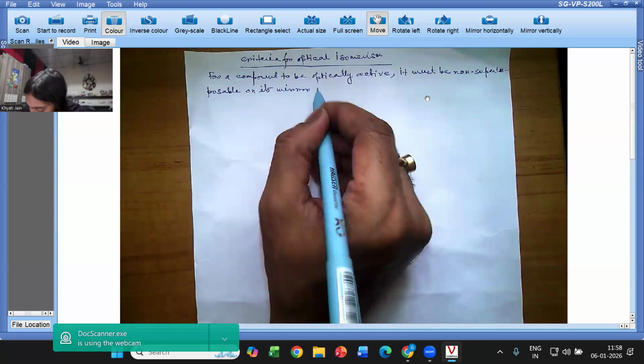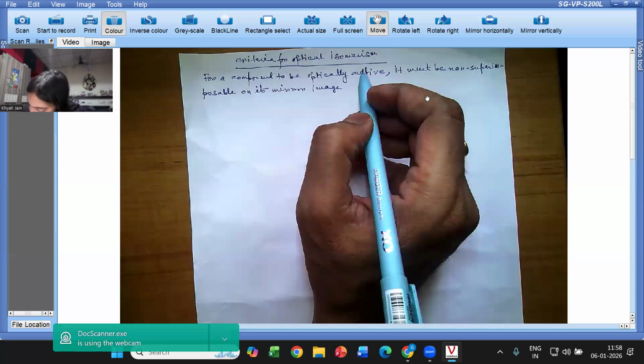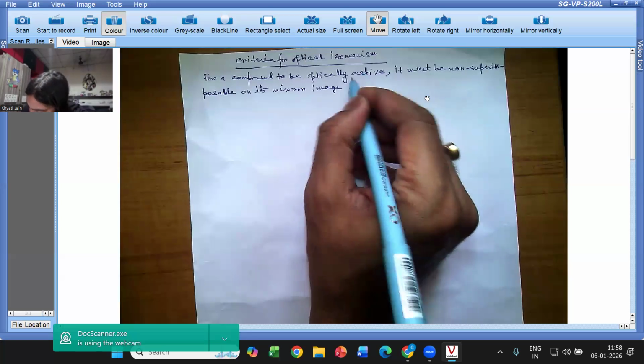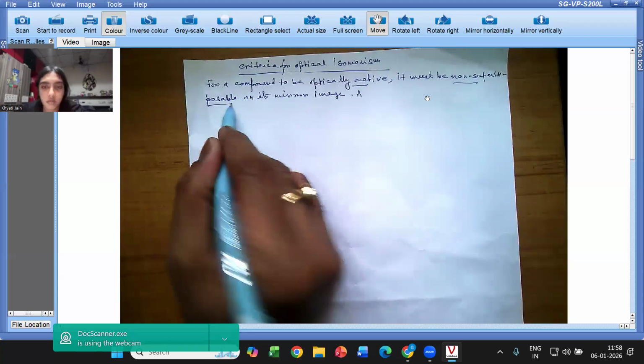Mirror image. A molecule that is optically active must be non-superimposable. That is one of the criteria that you need to know.